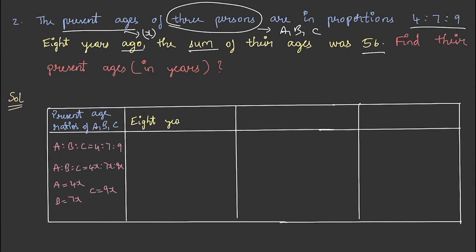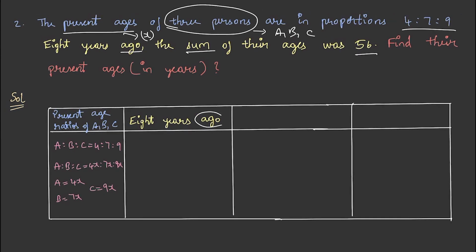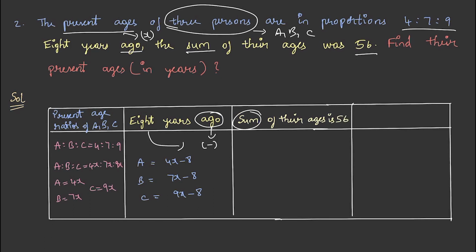Let's take 8 years ago in the second column. Here, ago is the keyword. Therefore, you have to subtract. What you have to subtract is 8. Now, A becomes 4x minus 8, B becomes 7x minus 8 and C becomes 9x minus 8. It is given as sum of their ages was 56, 8 years ago. If it is sum, then you have to add. So, A plus B plus C is equal to 56.